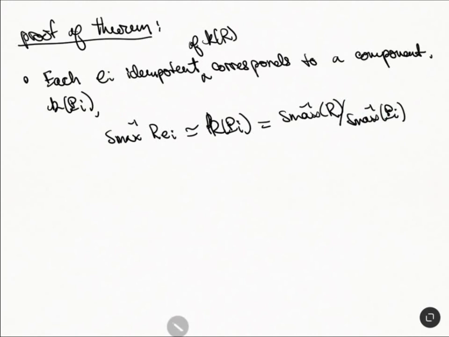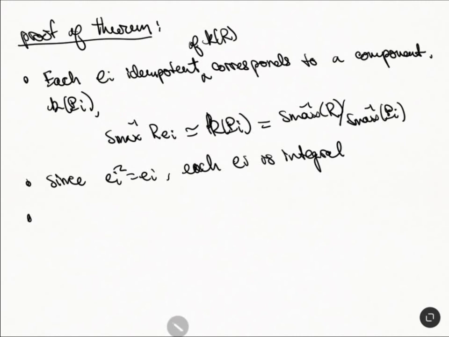So this implies, as we said before, since e_i squared is equal to e_i, each one is integral, and this implies that the semi-simplification is contained in the integral closure.